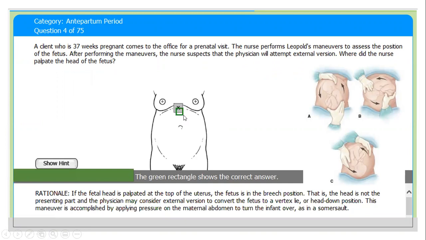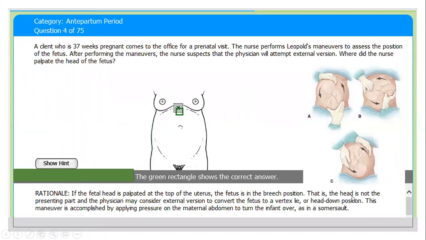Xiphoid process close to. The rationale says if the fetal head is palpated at the top of the uterus, the fetus is in a buttock position or breech presentation.